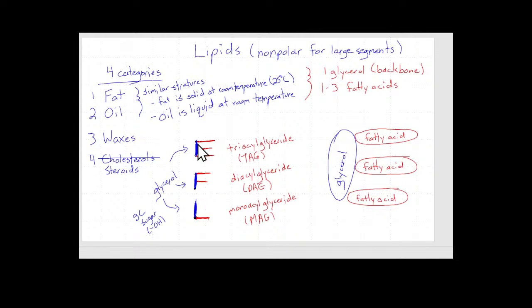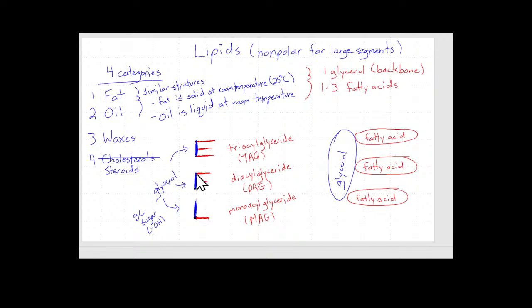In this case, where there are 3 of them, we're going to call it tri for 3, acyl, referring to the acyl chains, which is what you call the carbon and hydrogen portion of a fatty acid, and glyceride, because it has the glycerol backbone. Once it's formed those bonds, it's a glyceride. So triacyl glyceride, which you might shorten to TAG.